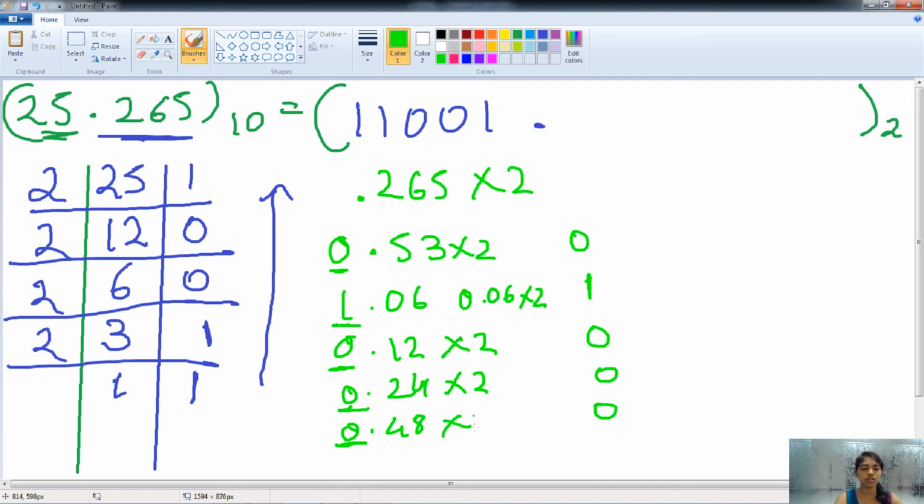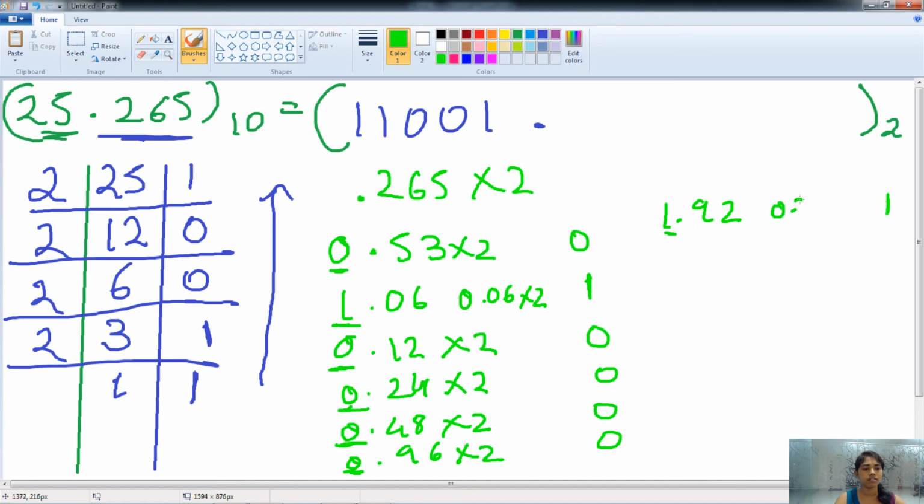Just transfer this 0 here. 0.48 into 2 would give us 0.96. Again transfer the 0 here. 0.96 into 2 would give us 1.92. Transfer this 1 here.